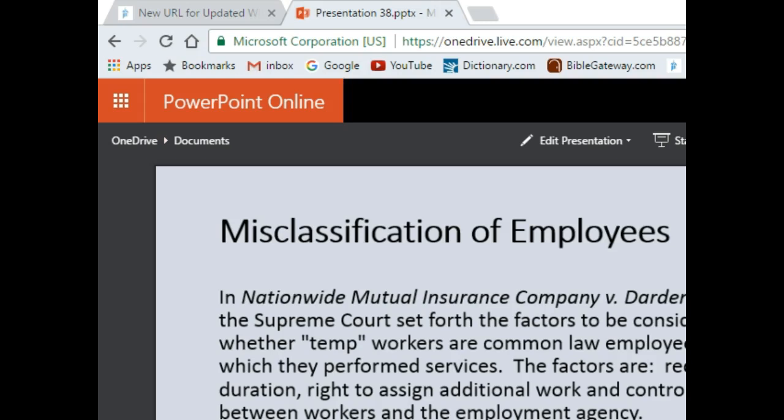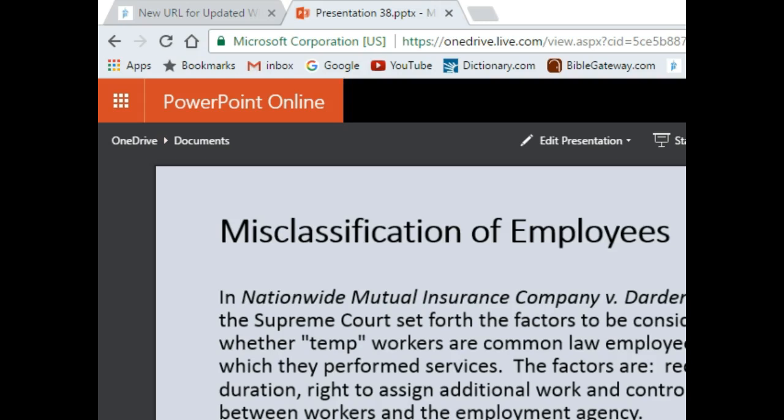And certainly the distinction is very important and can lead to liability and tremendous economic aspects to either party, the employer and the respective contractor or employee.